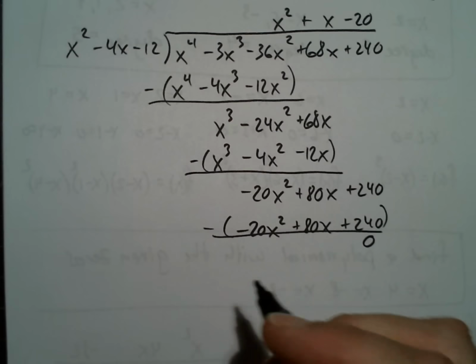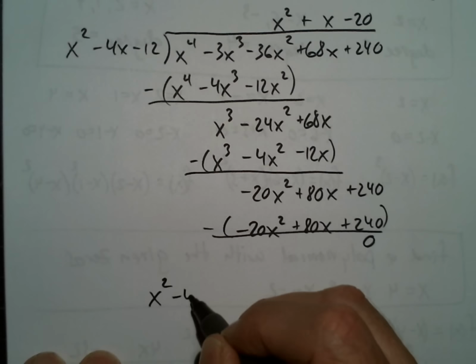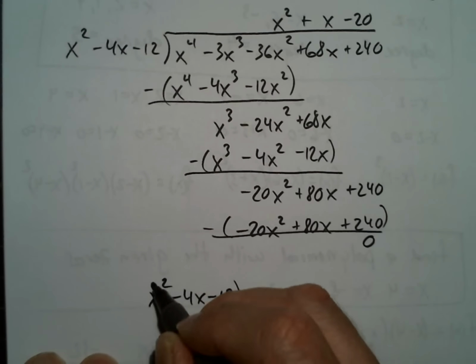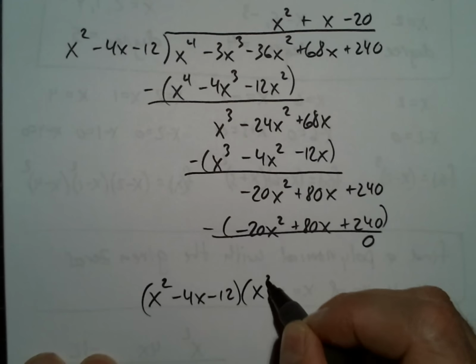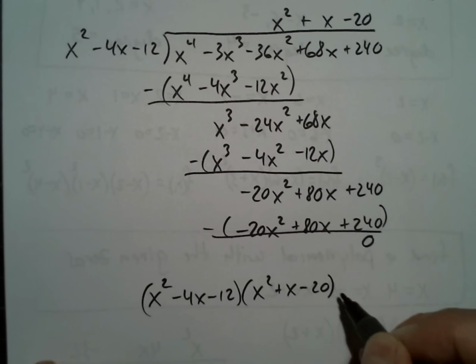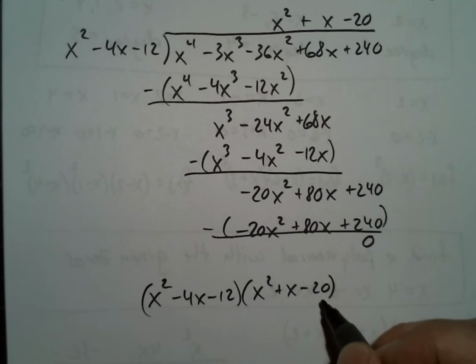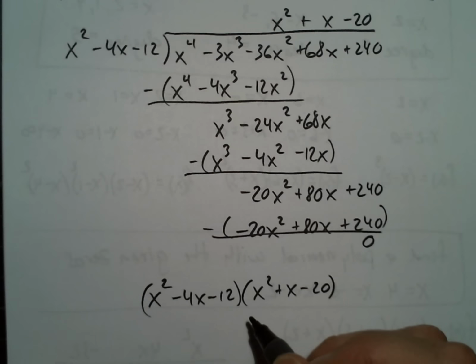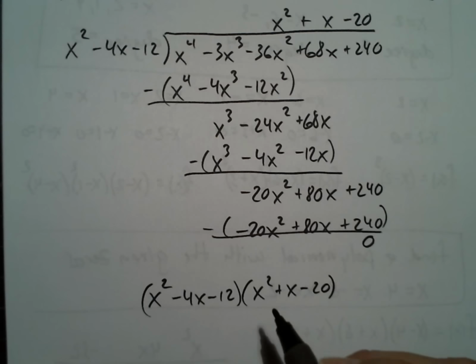So then we could say that x squared minus 4x minus 12, x squared plus x minus 20, this is a factorization of the original polynomial, and then we can factor this.